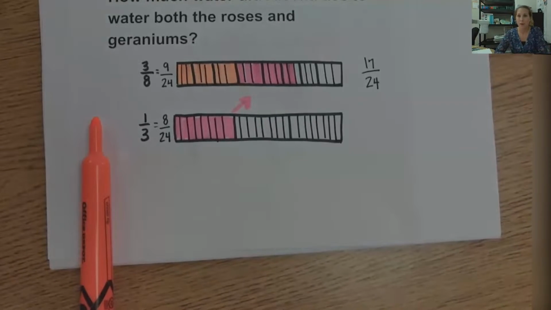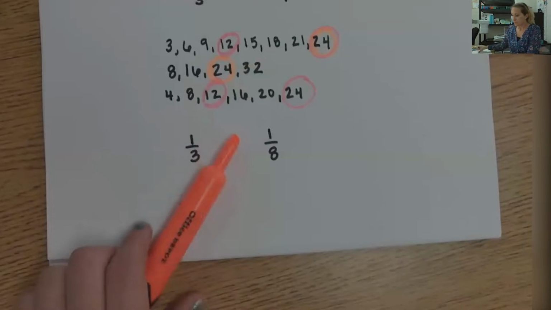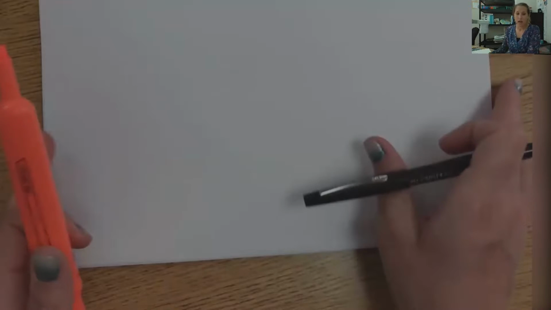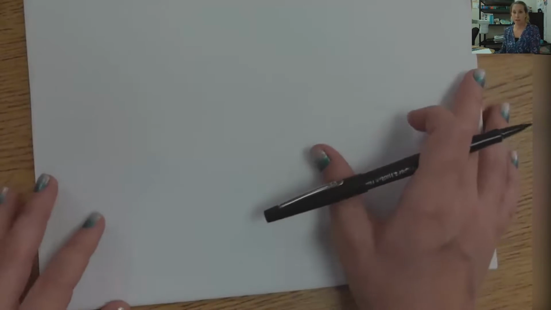Great work. We can also model this problem using a number line. I want you to draw two number lines, one on top of the other, like so.